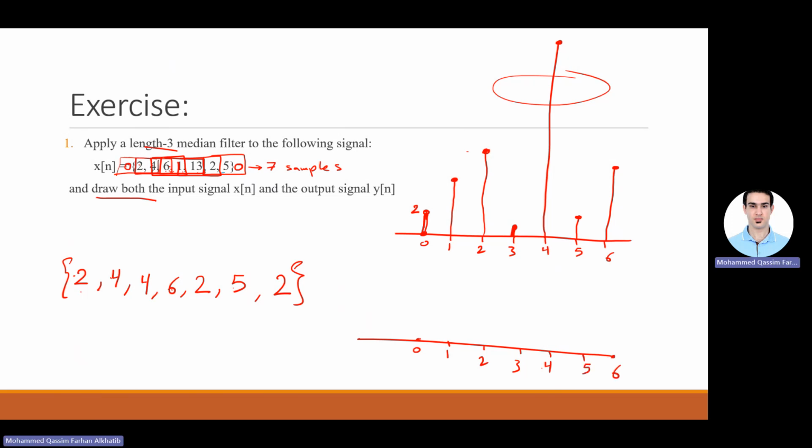So I have 2, 4, 4, 6, 2, 5, and 2. This one looks smoother when compared to the original signal. There are no outliers, and that's the typical application for median filters and signals in general. Clear?